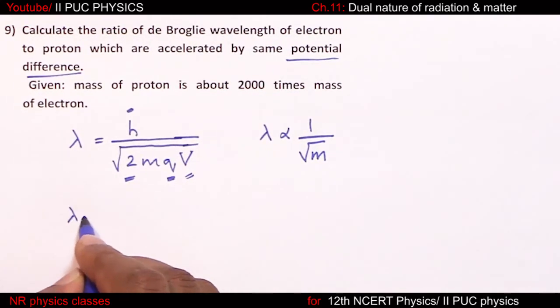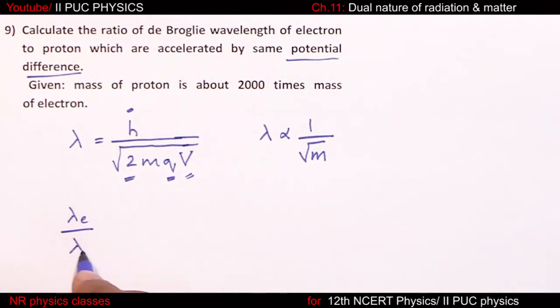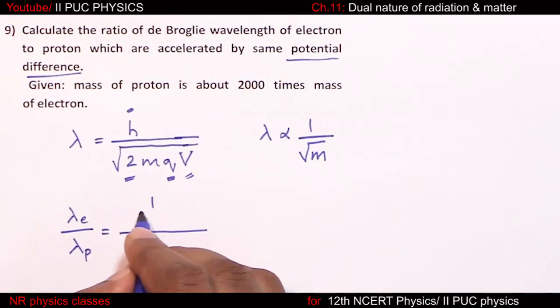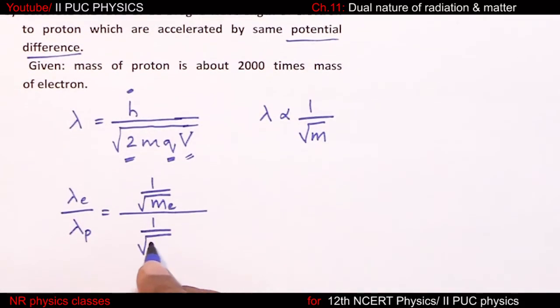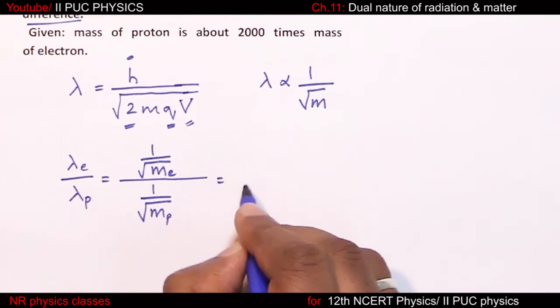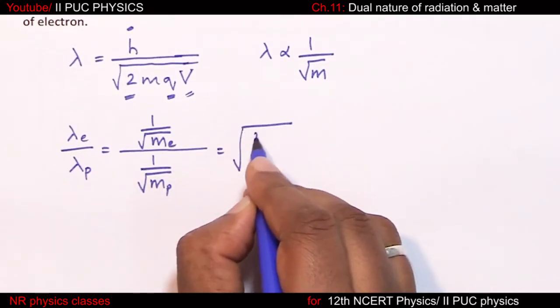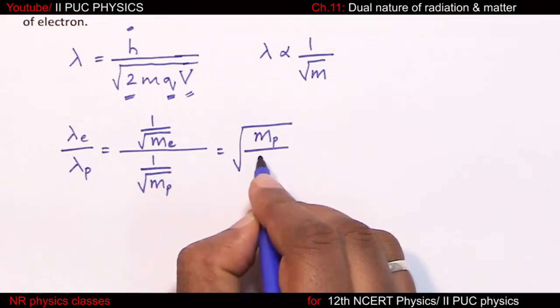Therefore de Broglie wavelength of electron by de Broglie wavelength of proton equals 1 by root of mass of electron, 1 by root of mass of proton. So it is root of mass of proton by mass of electron.